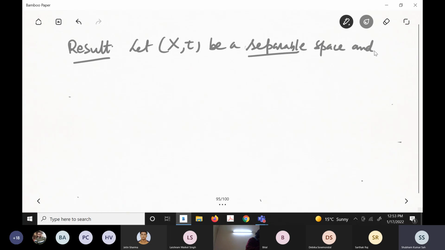And let Y be a non-empty open set. This is very important.